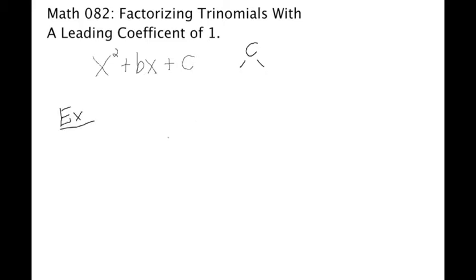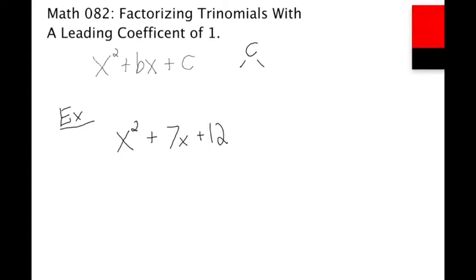For example, take the trinomial x squared plus 7x plus 12. With this, we're going to find what two factors multiply into 12 and then add to be 7, a positive 7.